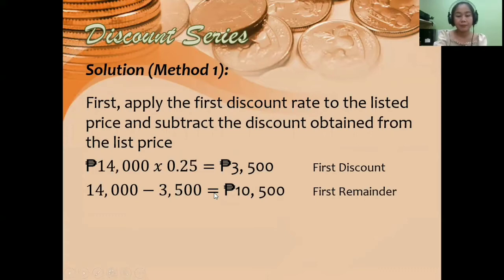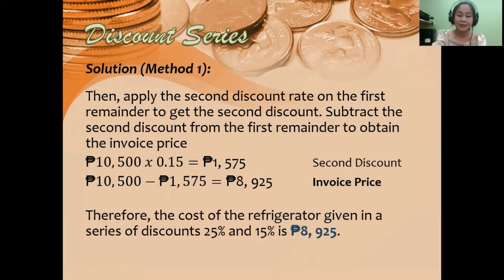So next step, we will apply the 15% rate. But this time, our base changed. In step 1, our base is 14,000, but in step 2, we will use 10,500 as our base. So 10,500 is our base here, and our rate is not 25%, but 15%.